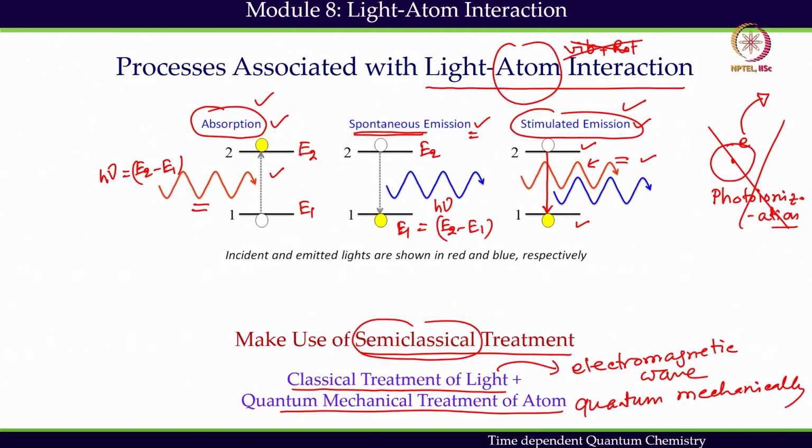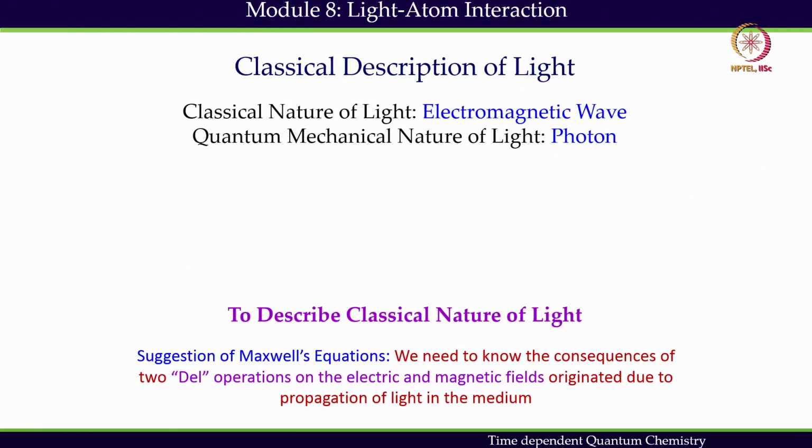So, we'll look at the nature of light first. This is something which we have to introduce to get a complete picture of light atom interaction. Although it is not quantum mechanics, it is a classical description of light, but we have to understand it. Description of light is always a difficult task.